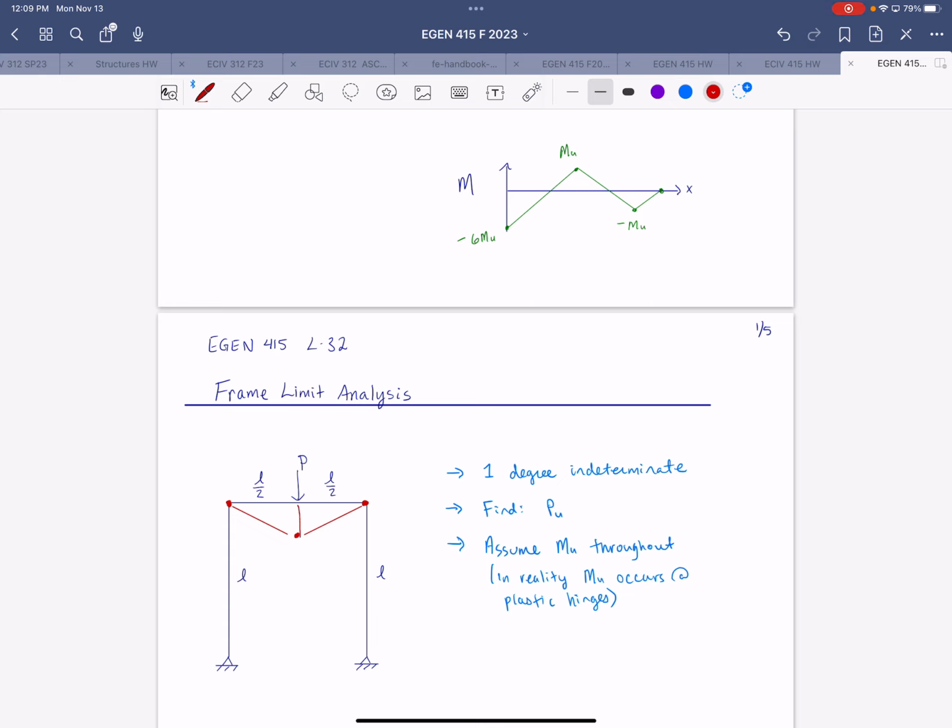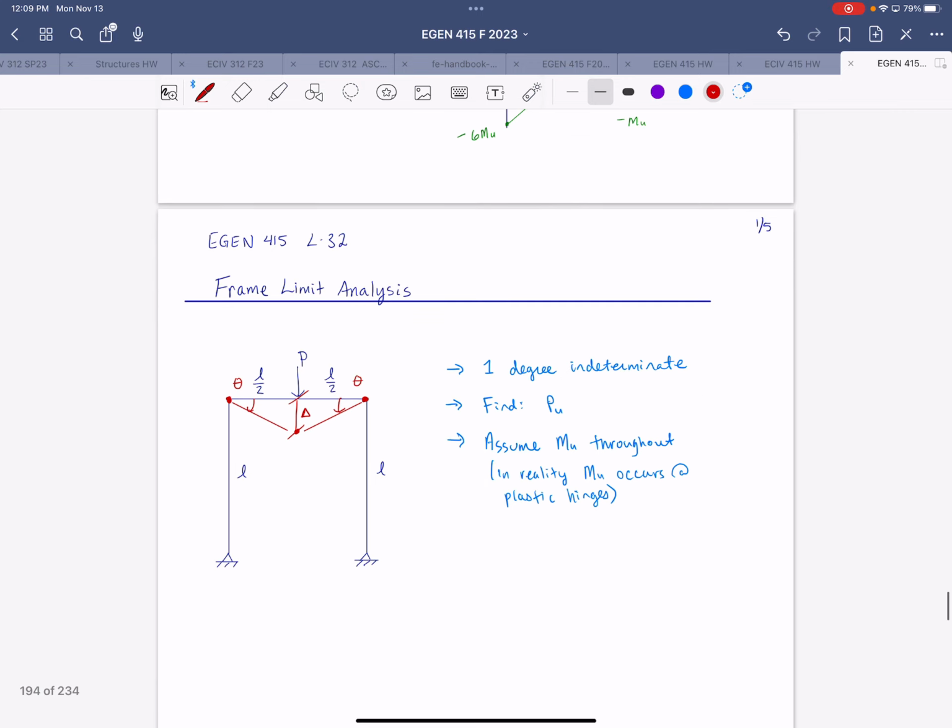We'll look at side sway conditions later. So we have deflection delta and then angles theta. For this mechanism, delta is equal to theta L over 2.